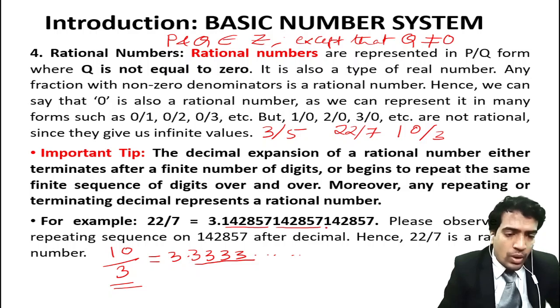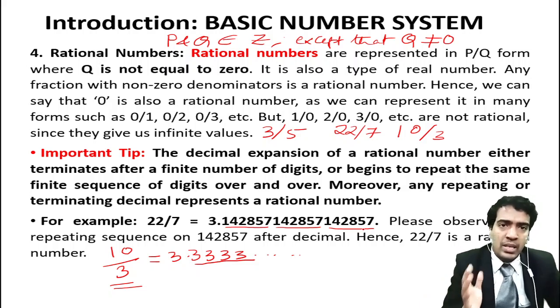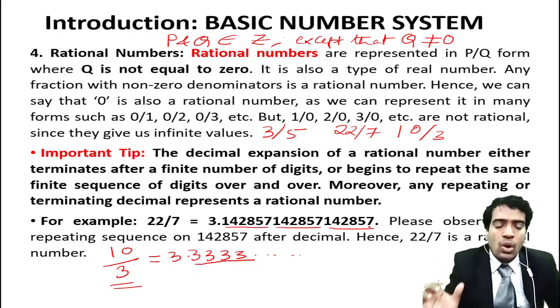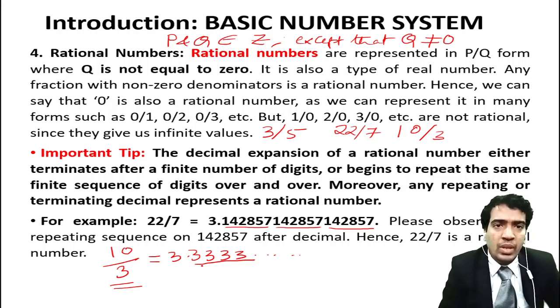Can you see? 142857 is repeated, and it repeats forever. If you expand this, it repeats forever. So even if you have a sequence of repeating digits after the decimal, or a recurring digit after the decimal, it might be the same digit, in both these cases, you call that a rational number. Okay? So here, both 10 by 3 and 22 by 7 are rational numbers.